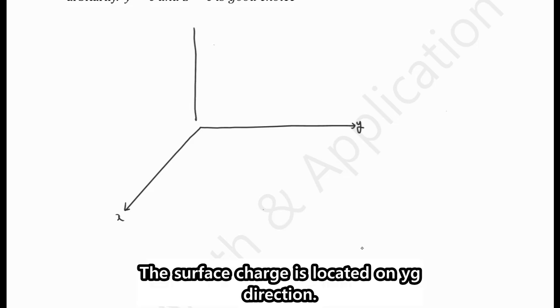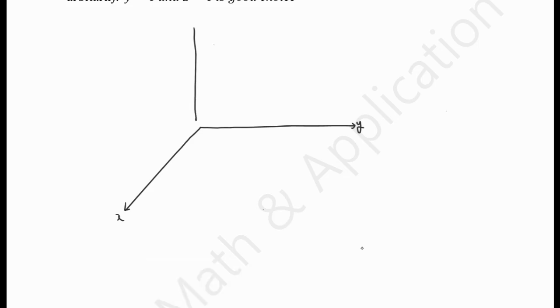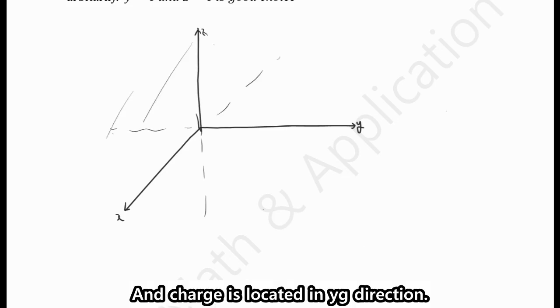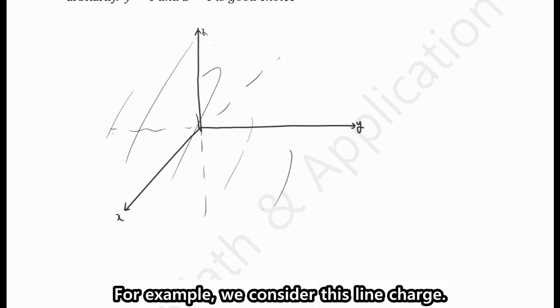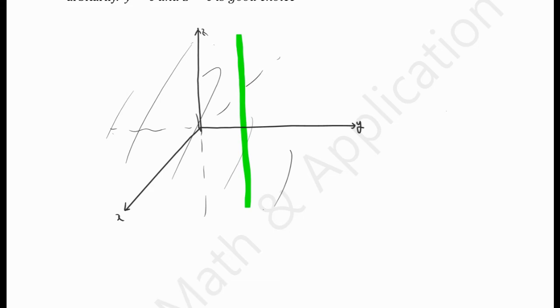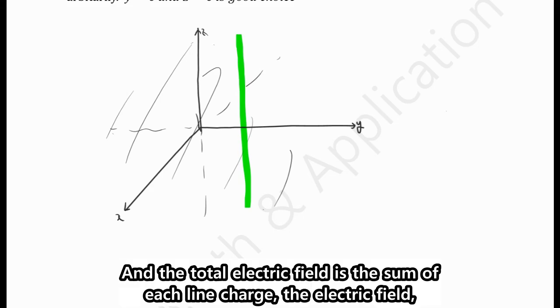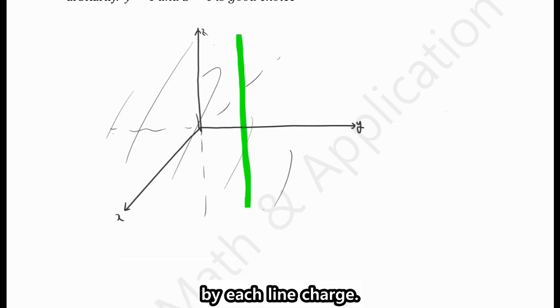The surface charge is located in the YZ plane, and the YZ plane consists of many line charges. For example, we consider this line charge. The total electric field is the sum of the electric fields from each line charge.